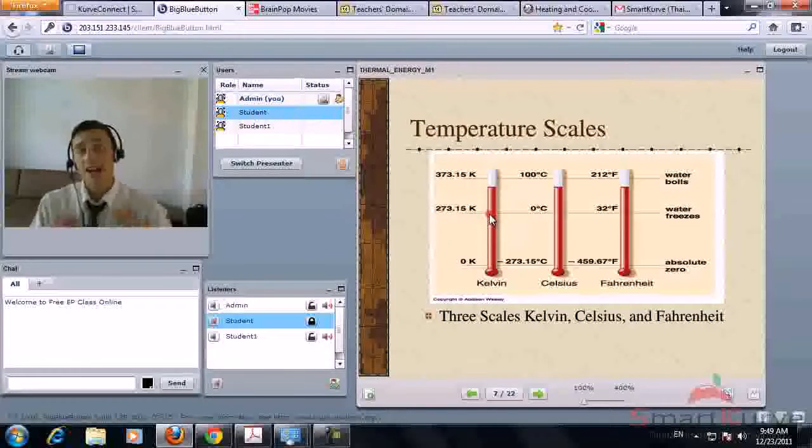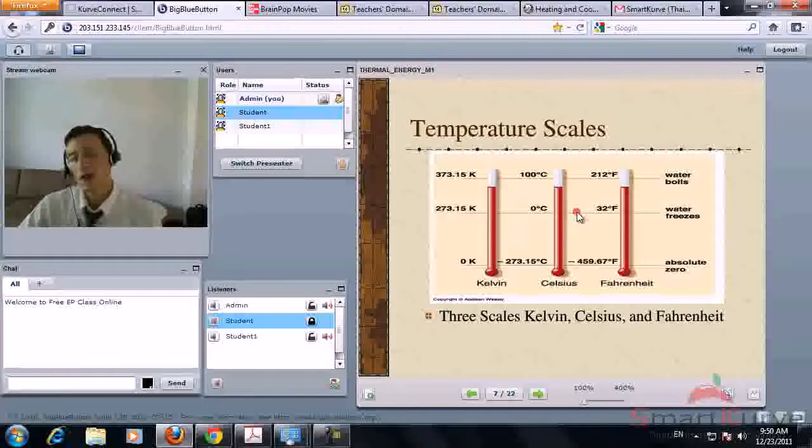We'll notice that's the same interval. It's still a difference of 100 degrees. So a Celsius degree is the same as a Kelvin. It's just that the whole scale is moved down. Now, we're going to talk about why in a moment.